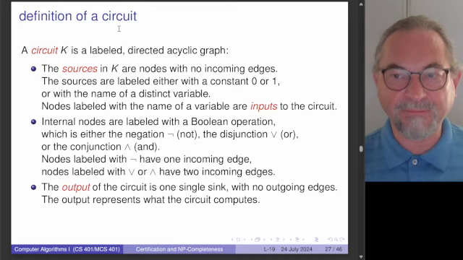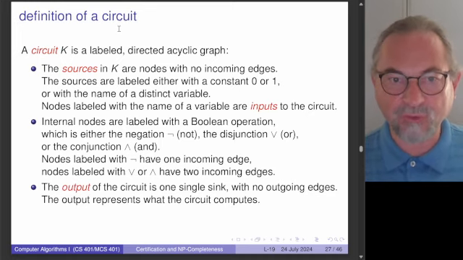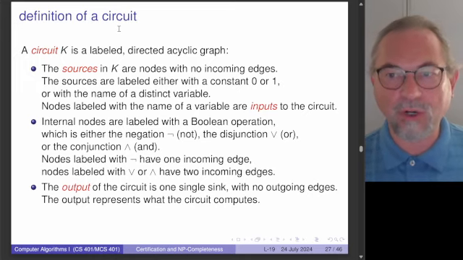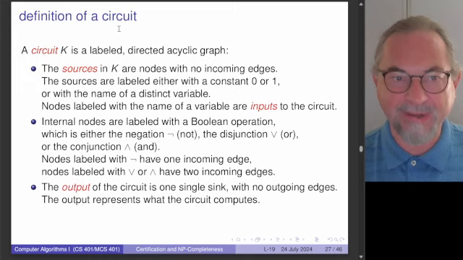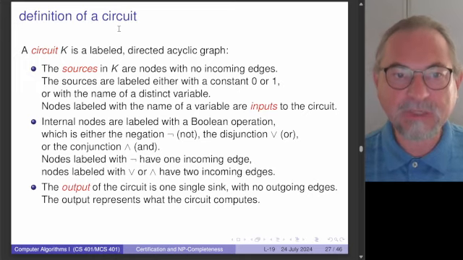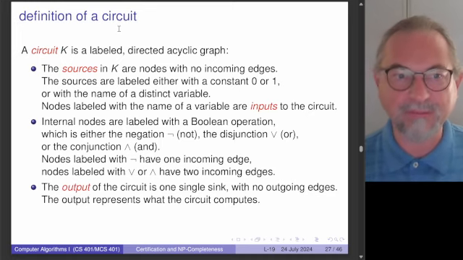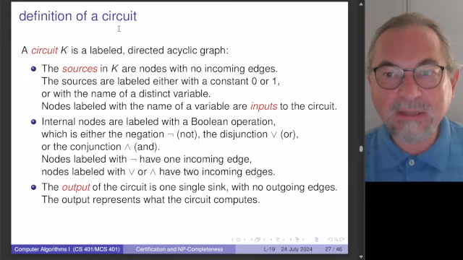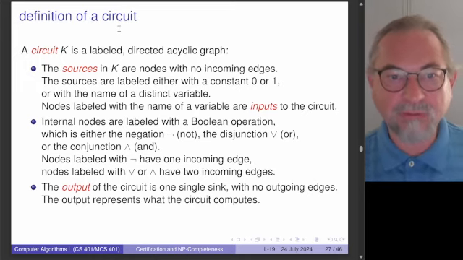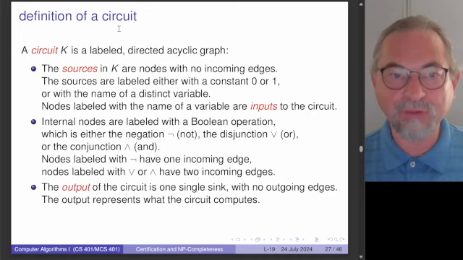So we have two types of sources. Either we have constants, 0 or 1, or we have variable names. So those variable names are called the inputs. Then we have internal nodes, which are the three Boolean operations, the not, the or, the and, also called disjunction, conjunction.